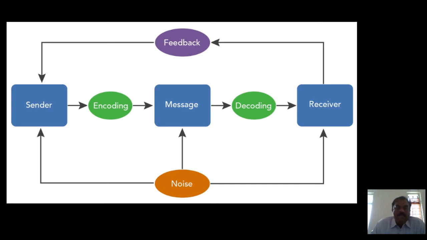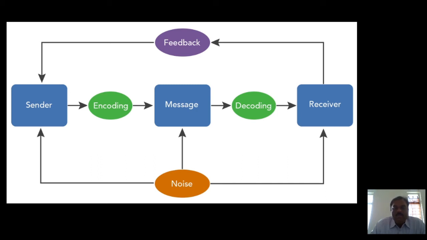In this, there are a lot of other things also involved. For example, if I am sending a message and the encoding and the decoding don't match, then the message is not conveyed to the receiver. Whatever barriers or disturbances occur between the encoding and the decoding, we call by the name of noise.